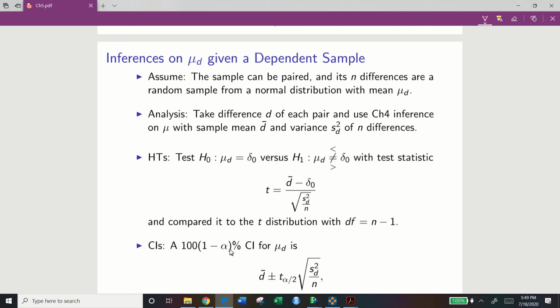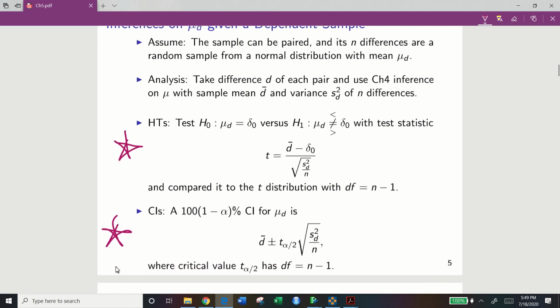Now comes the most important part, which is how we actually can perform our inferences, and that's with the hypothesis test and confidence intervals. For dependent samples, we are not going to concern ourselves with a prediction interval. So for our hypothesis test, it's a very similar process as we did for one sample. We'll begin with a two-line hypothesis.